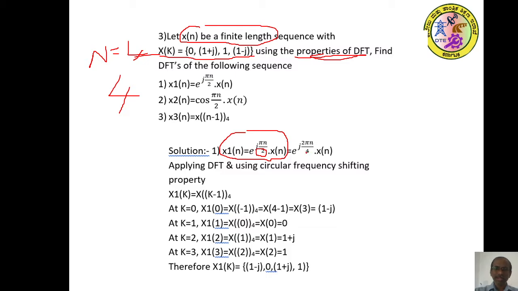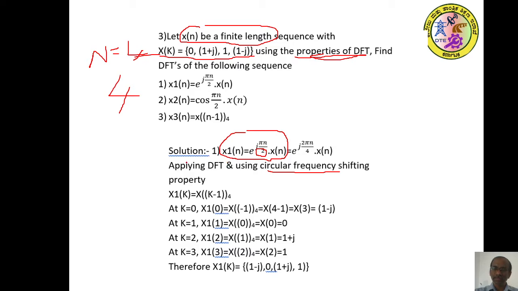Now apply DFT on both sides and use circular frequency shift property. Why? Because we have multiplied exponential in time domain and we know that multiplication by an exponential in time domain is equivalent to shifting in frequency domain.